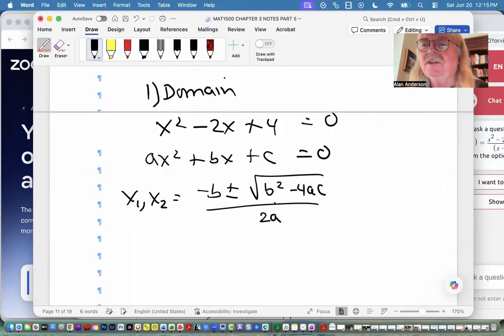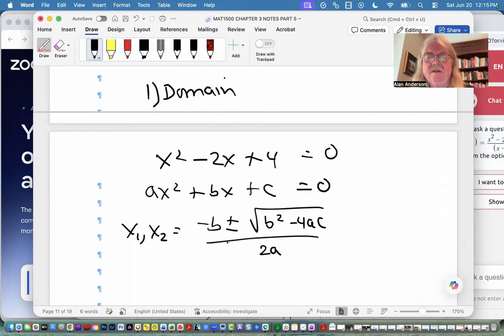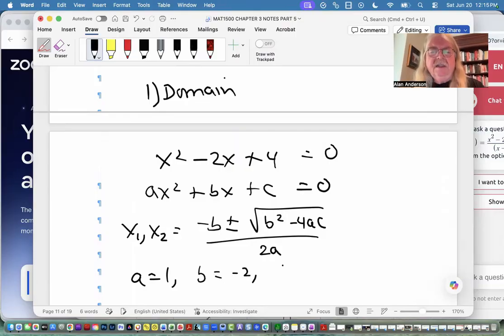Nobody forgets the quadratic formula. There it is. So in this case, as you can see, a is 1, b is negative 2, and c is 4.